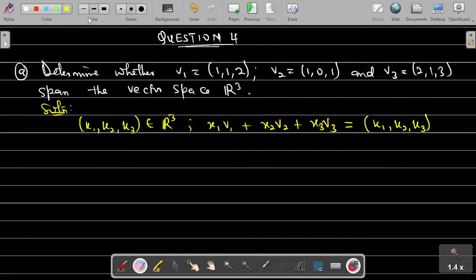So we want to show that this equation is consistent, that means has a solution for all k in R3. That's what we want to achieve.